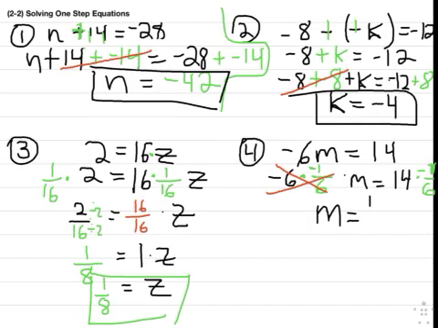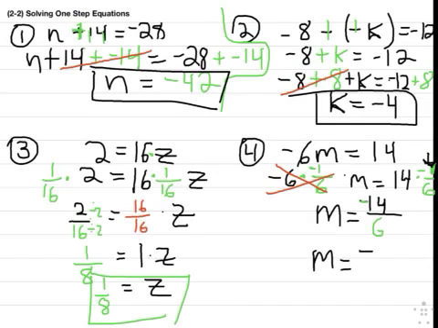Okay, and then we have 14 times negative 1, so negative 14 over 6, and we simplify this.